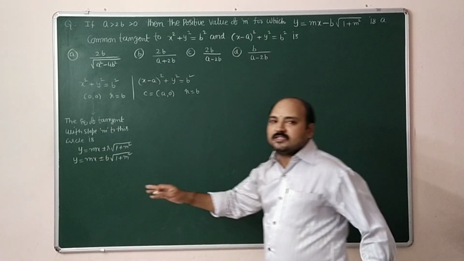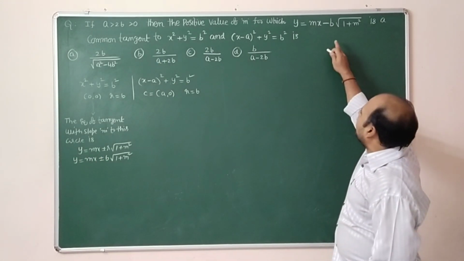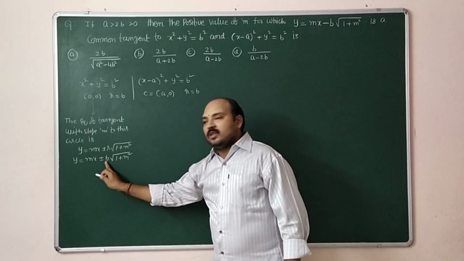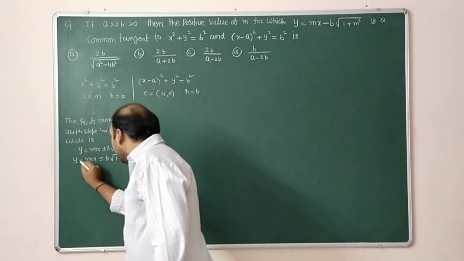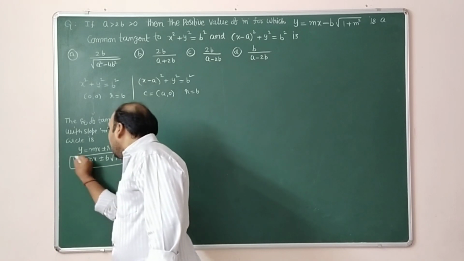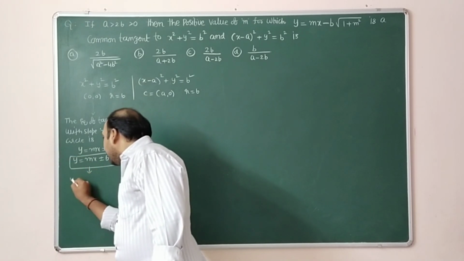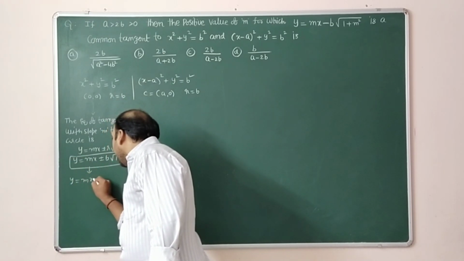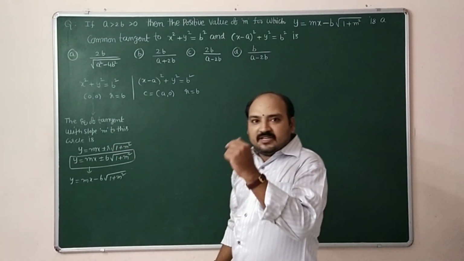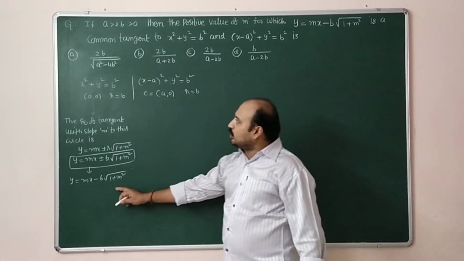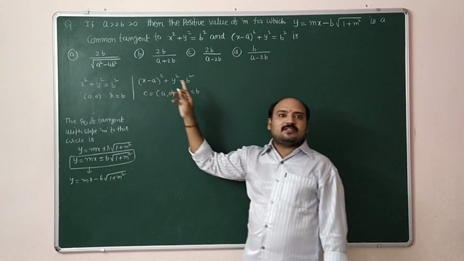In place of plus or minus, only one case is given: y is equal to mx minus b into root over 1 plus m square. So among these two equations, they have to consider only y is equal to mx minus b into root over 1 plus m square. This is a common tangent to this circle as well as this circle.